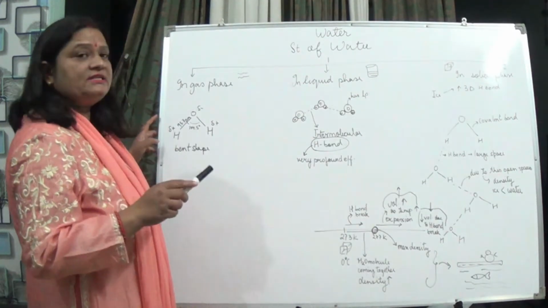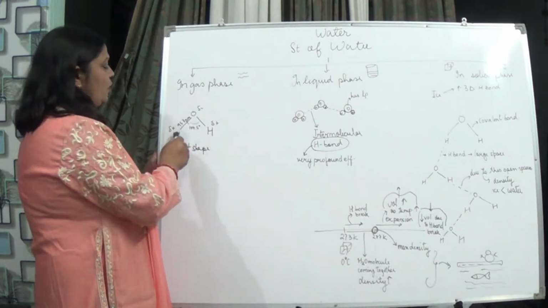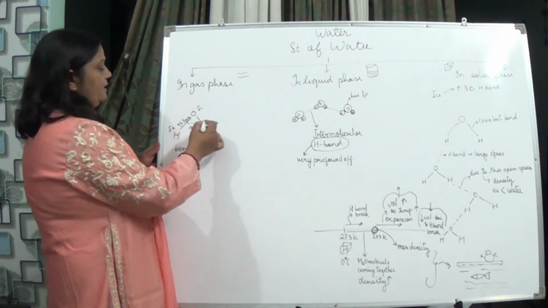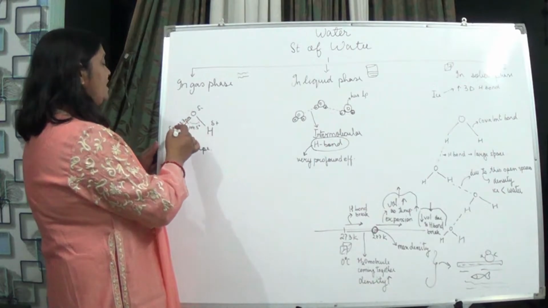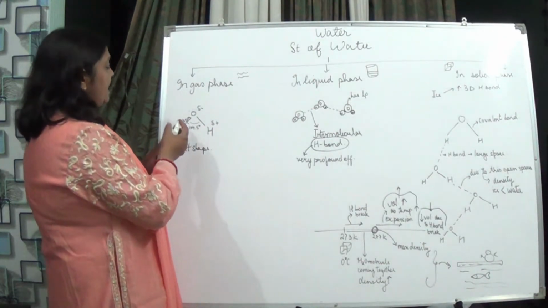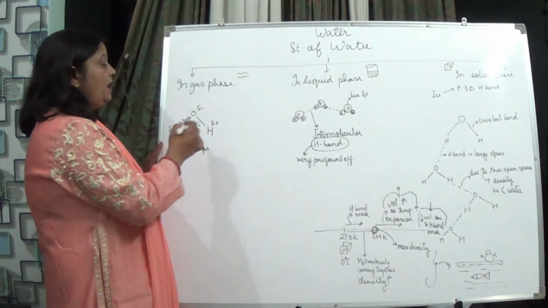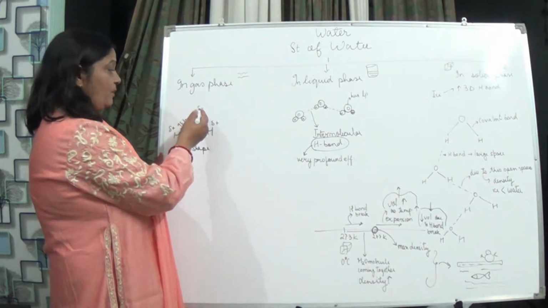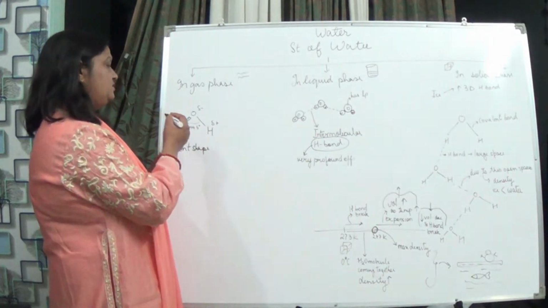Here we see that water has a bent shape. The angle it forms is 104.5 degrees, and the bond length between oxygen and hydrogen is 95.7 picometer. Oxygen is partially negatively charged and hydrogen is partially positively charged.